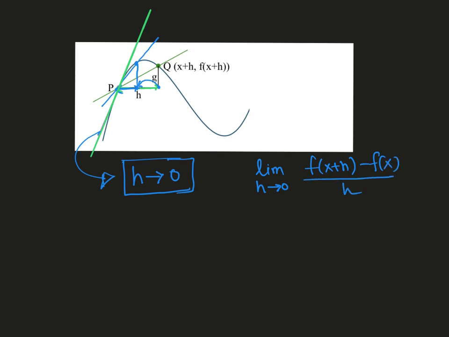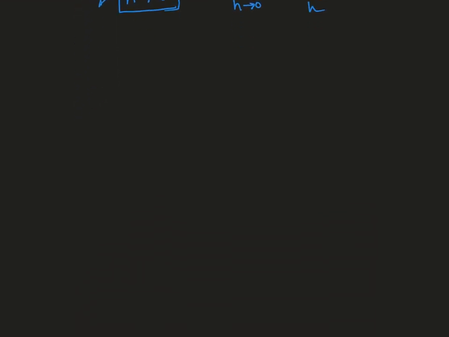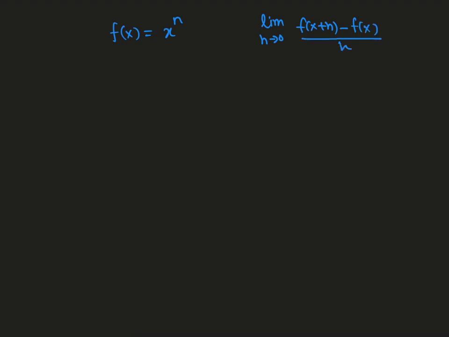Now what we are going to do is, instead of doing this in terms of f of x, we are going to define a new equation instead of f of x. So we would be writing, let f of x be x to the power n, and the formula for finding the derivative was limit h approaches 0 of f of x plus h minus f of x divided by h. So we need f of x, which we have over here.